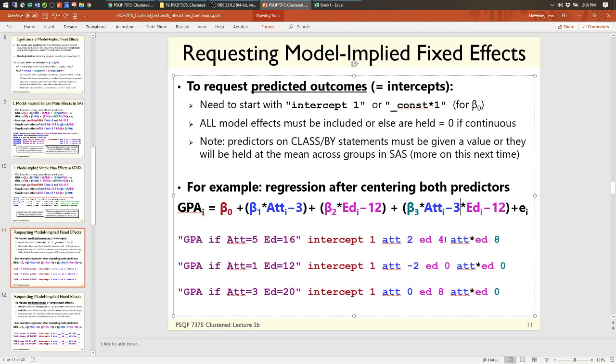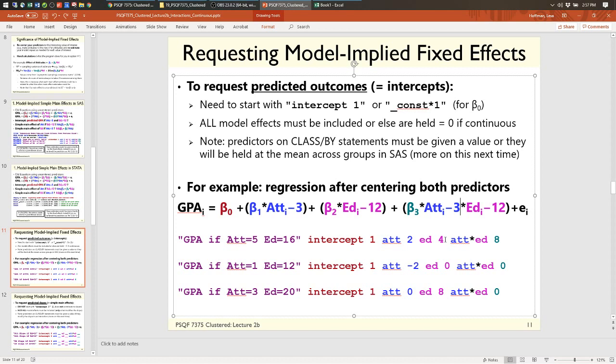So that being said, we kind of are trying to rearrange it because if you think about each of these GPAs as predicted outcomes, a synonym for that to me is a conditional intercept. Like this beta 0 is a prediction, right? It's specific to somebody with attitudes 3 and education 12.